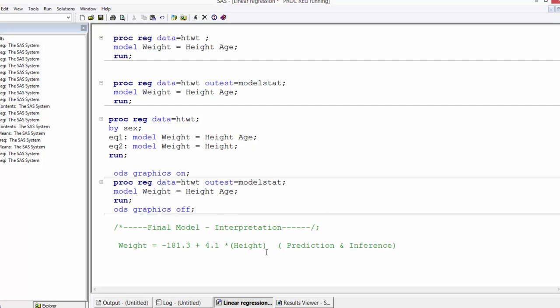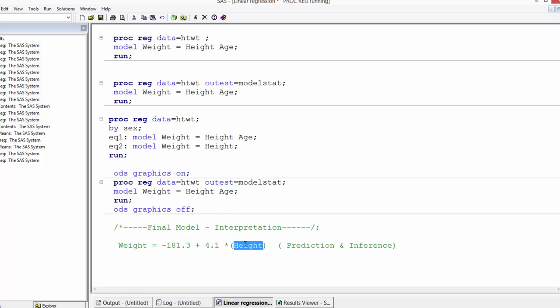Now one would be interested in knowing how height is related to weight in individuals or in the given data set. Given the fact that height is a significant variable, now we have removed age from this equation. Remember why? Because it is insignificant. Now we can say that height is related to weight in a positive way.